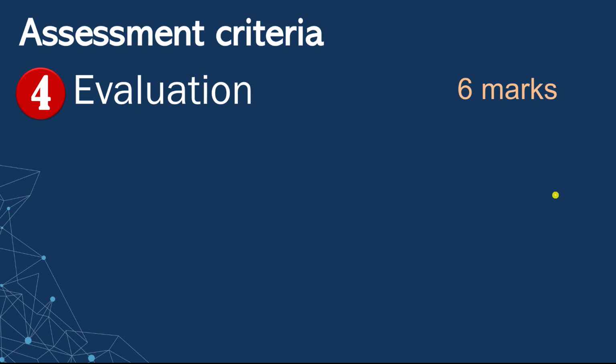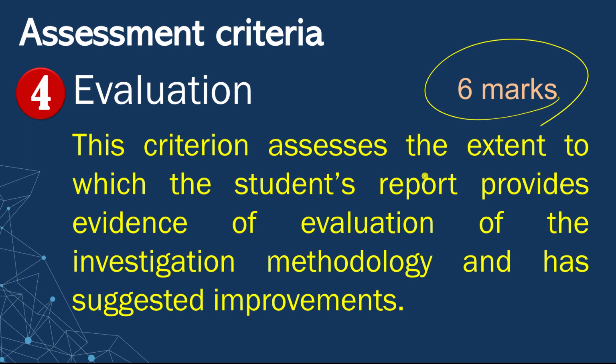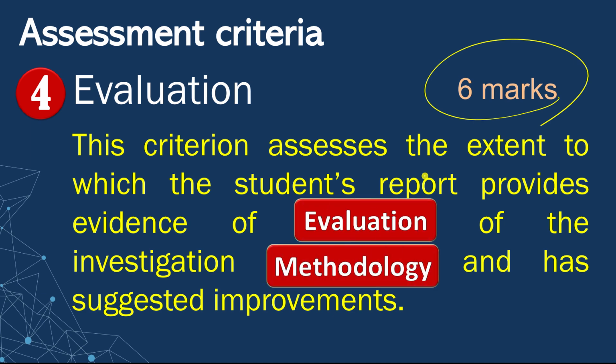And the last one, evaluation. It has again 6 marks. This criterion assesses the extent to which the student's report provides evidence of evaluation of the investigation methodology and has suggested improvements. You remember we had evaluation and methodology.